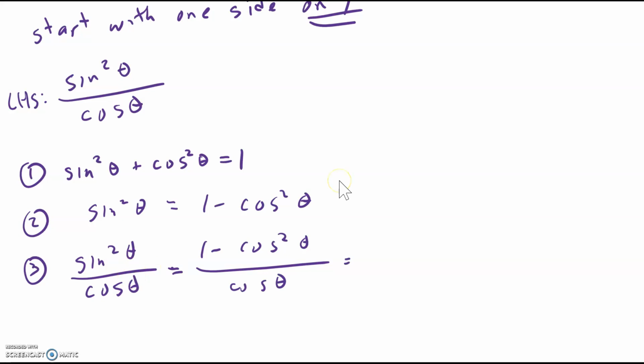Okay, so now I can take it the next step. I can say that if two things are being added or subtracted, I can divide each of them by the denominator. So I can say that this is the same as 1 over cosine theta minus cosine squared theta over cosine theta.